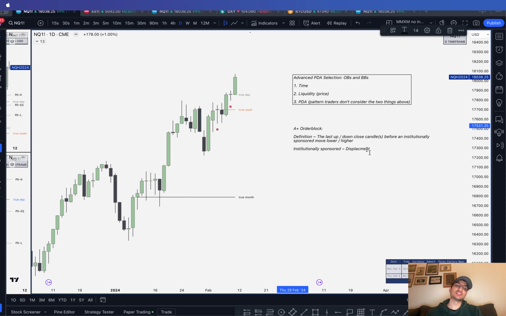Institutionally sponsored means displacement. What is another word for displacement? Fair value gap? Fantastic. There you go. An institutionally sponsored move will see displacement in the market and the creation of inefficiencies, i.e. fair value gaps. That is how we're going to define an order block. So someone say it all for me. What is an order block?